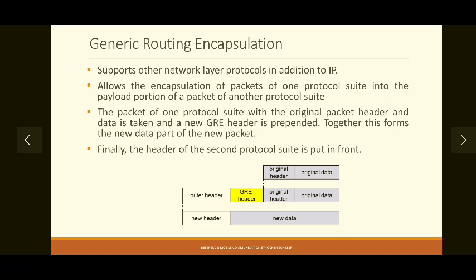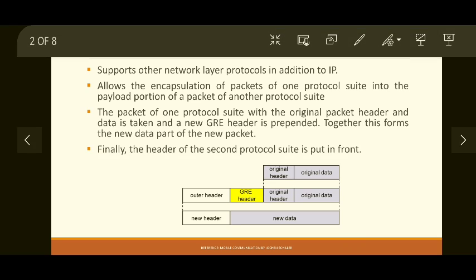Okay, so what are the other network layer protocols? For example, the well-known network layer protocols are IP, then there is ICMP, and then there is ARP. These are used for different purposes. Their functioning is different from each other.